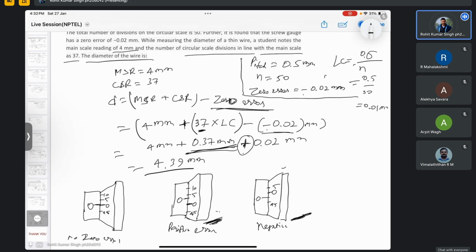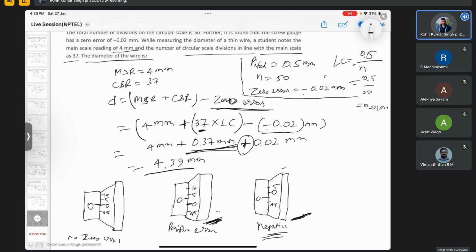So when you subtract the zero error, if you have a positive error, this quantity will be given in positive. So finally you will subtract the zero error from your actual measurement, okay. So the overestimation gets cancelled. And when you have a negative error, you will subtract it with another negative, so that will be positive, and so the underestimation gets cancelled.